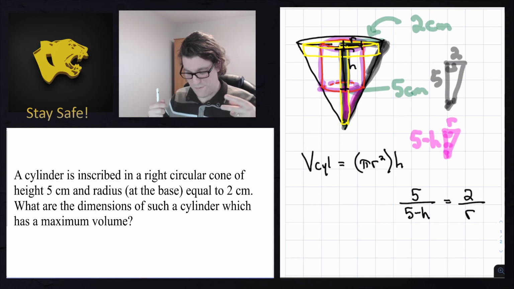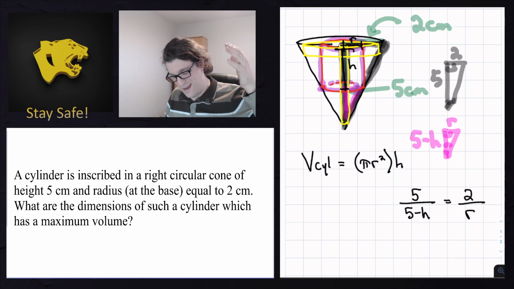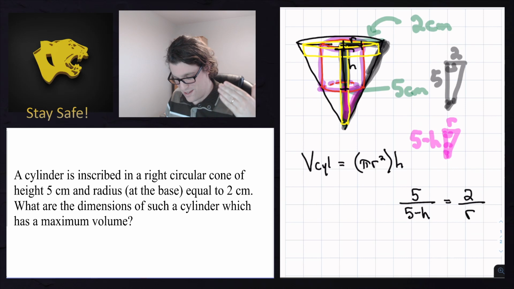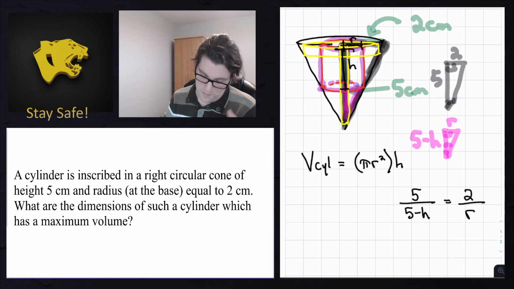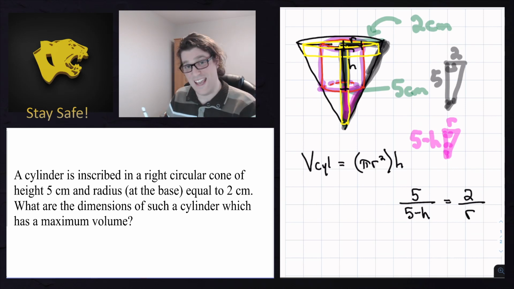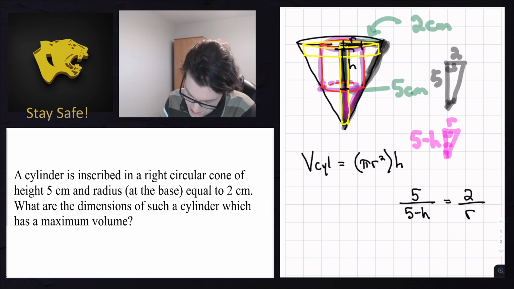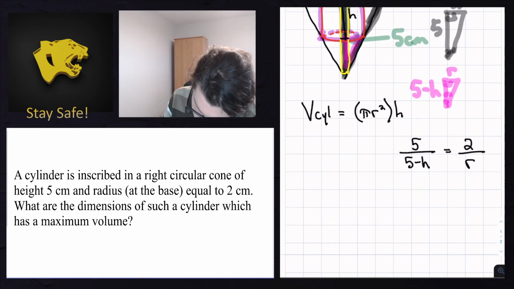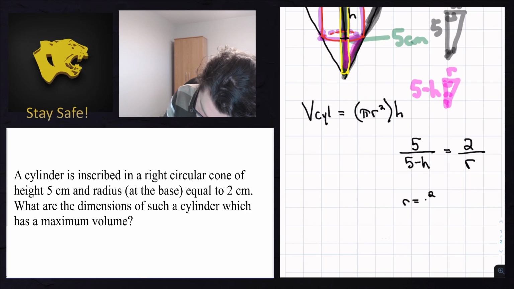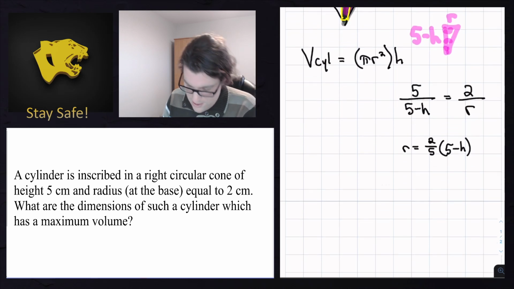So if I take the one from the cone in the numerator, and then the one from the pink triangle in the denominator, then I can't switch it for the other side of my ratio. All right, so I'm going to cross multiply here, get r is equal to 2 over 5 times 5 minus h.